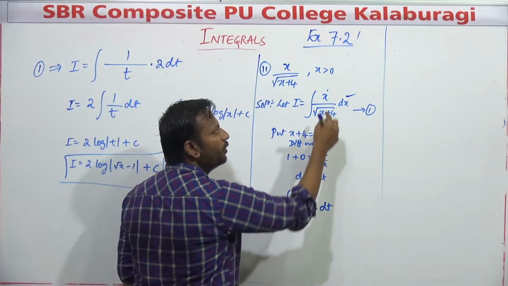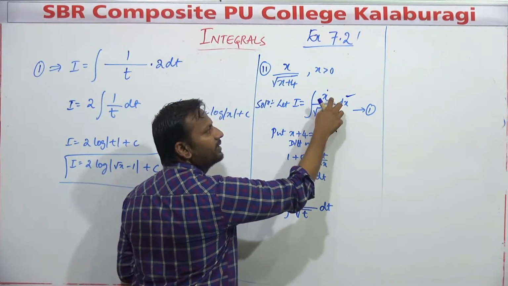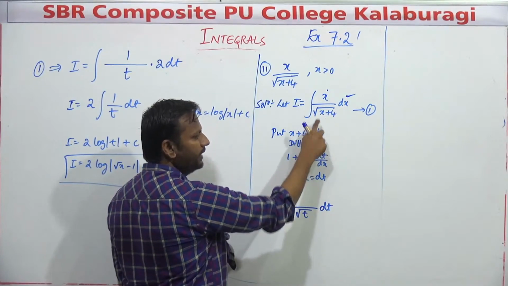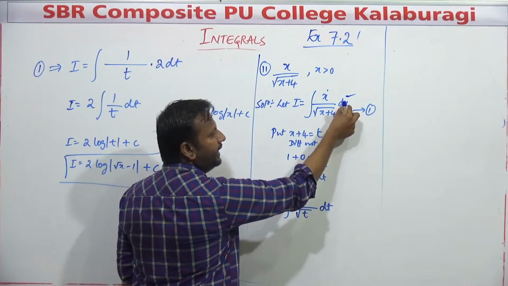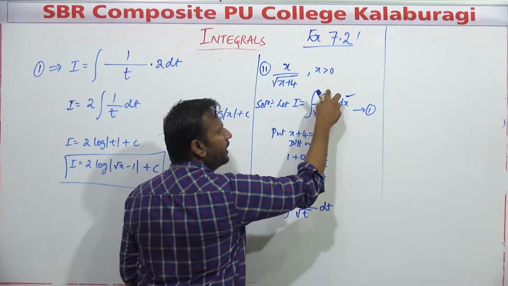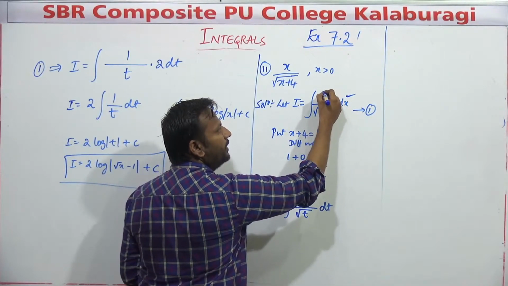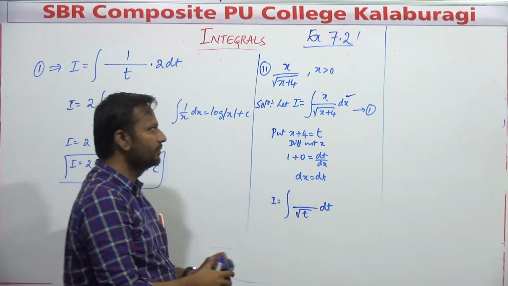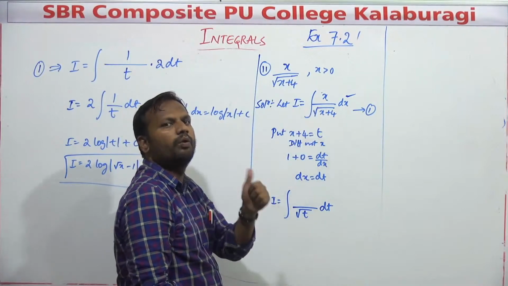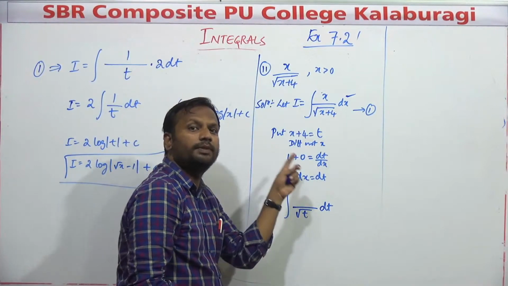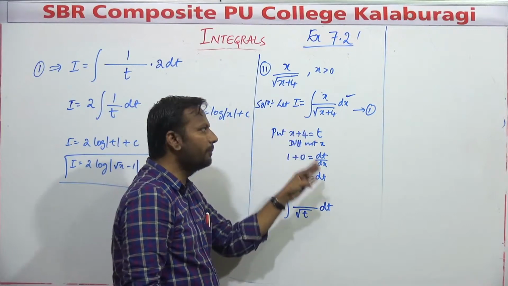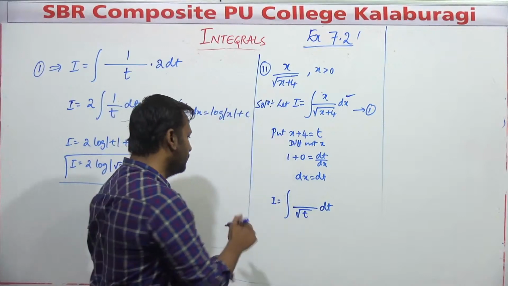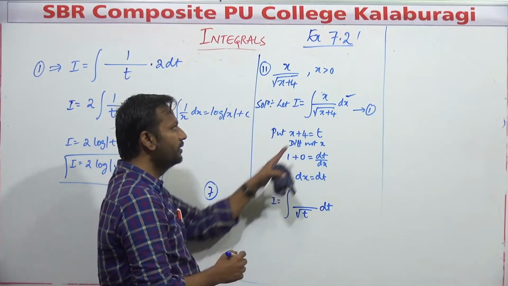So what did we leave out here? x. After replacing x plus 4 as t, root t comes here, and dx I have replaced as dt. So again we are left with x.